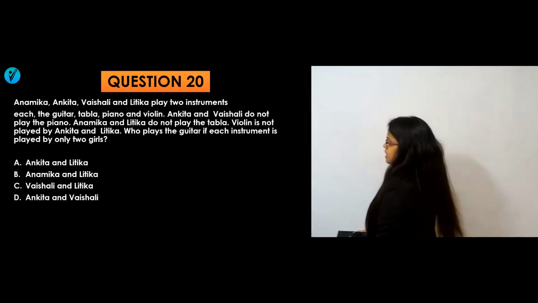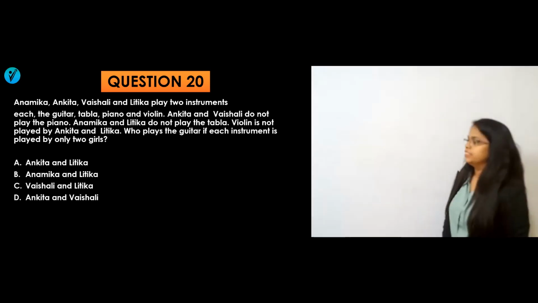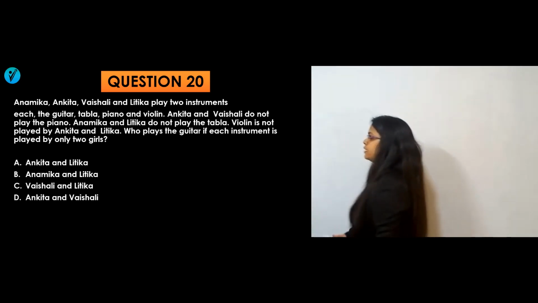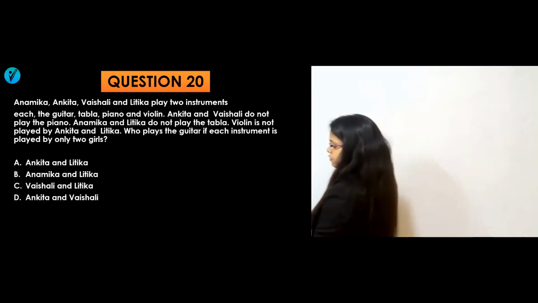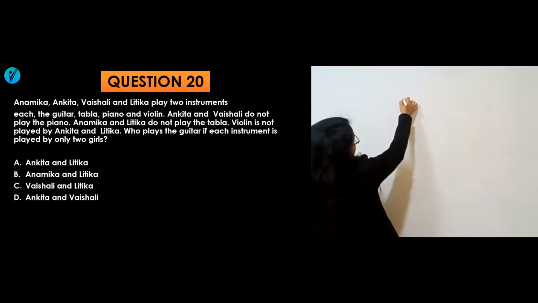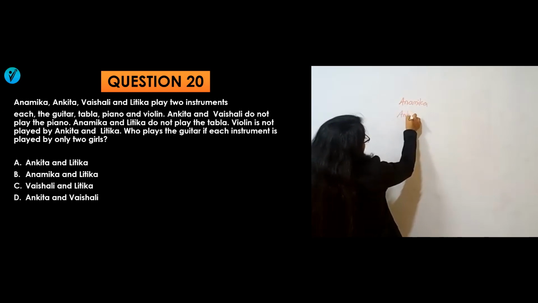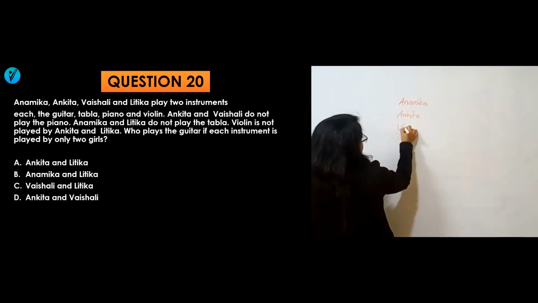What is given in this last question? Anamika, Ankita, Vaishali and Litika play two instruments each, from the guitar, tabla, piano and violin. These are the 4 instruments and 4 girls are there. So you can see the girls' names: Anamika, Ankita, then Vaishali and Litika.